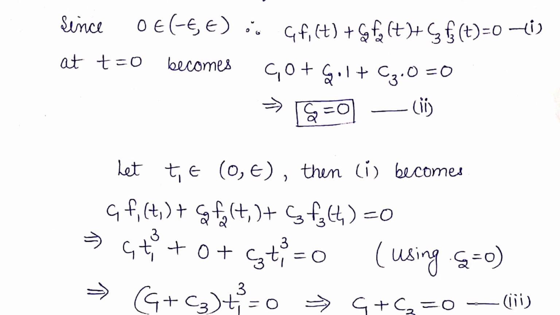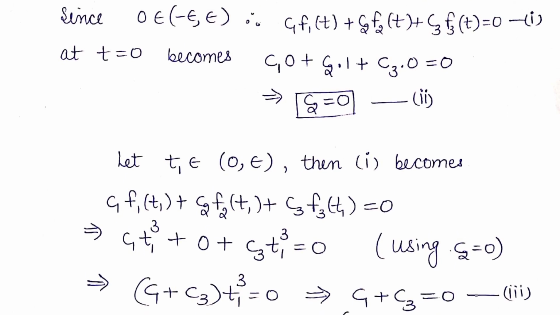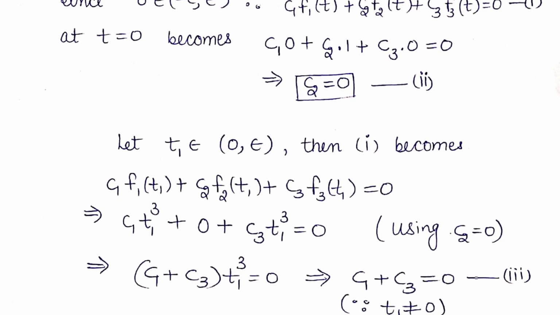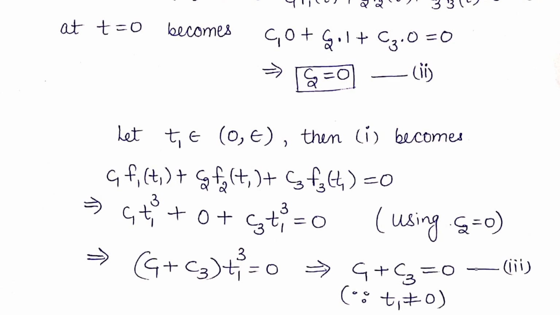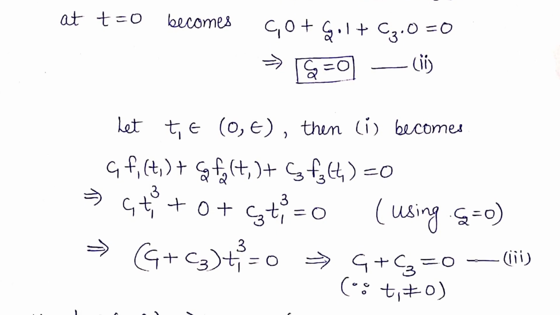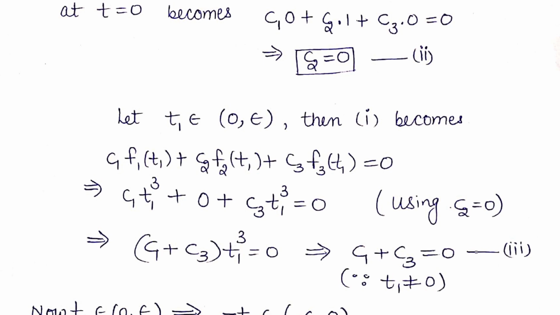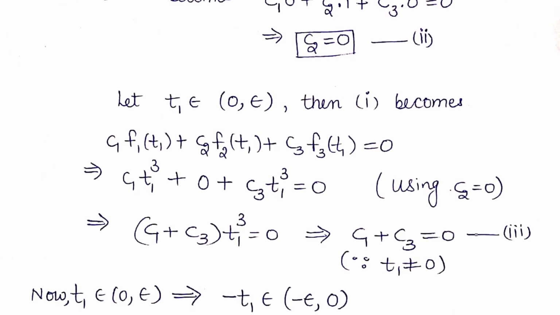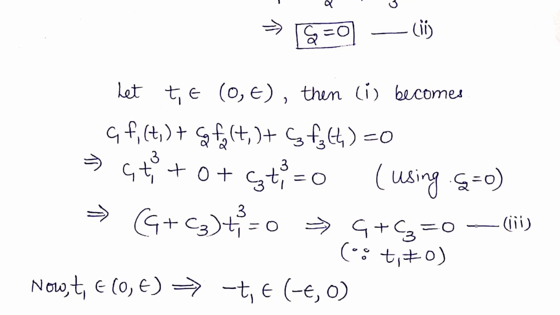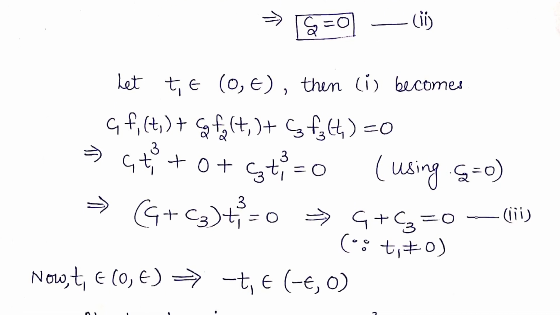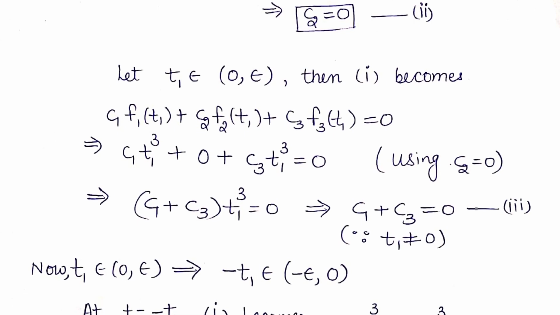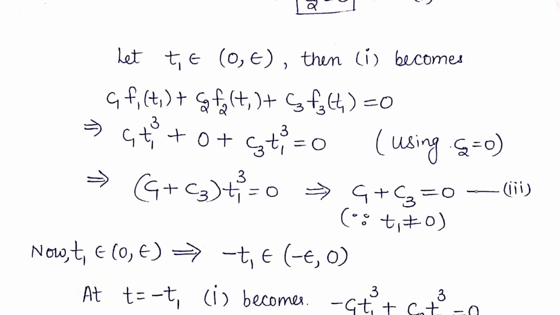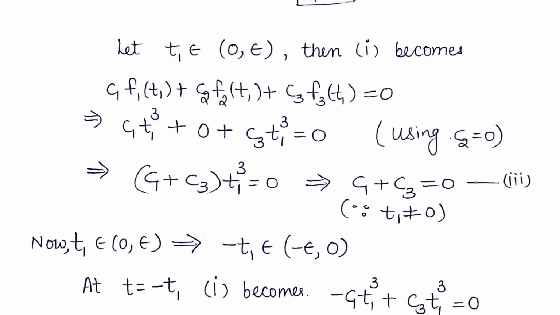Since 0 belongs to the interval minus epsilon to epsilon, at t equal to 0, evaluating C1 f1(t) plus C2 f2(t) plus C3 f3(t) equal to 0, you will get C2 equal to 0. We name this C2 equal to 0 as equation 2, and the equation C1 f1(t) plus C2 f2(t) plus C3 f3(t) equal to 0 as equation 1.